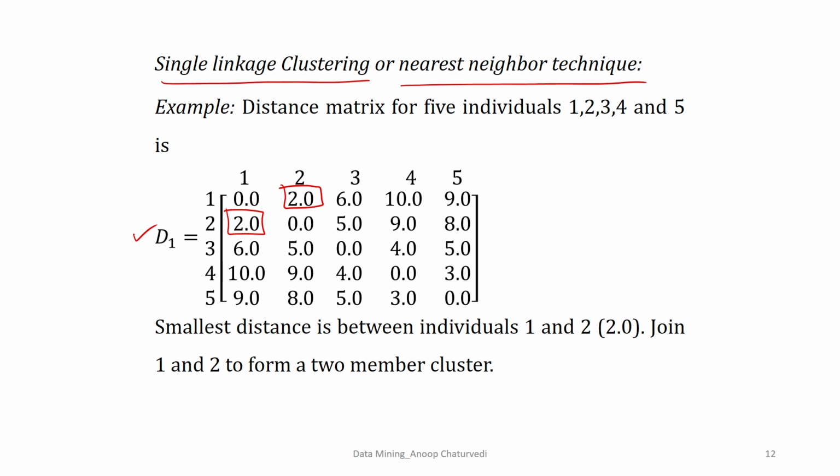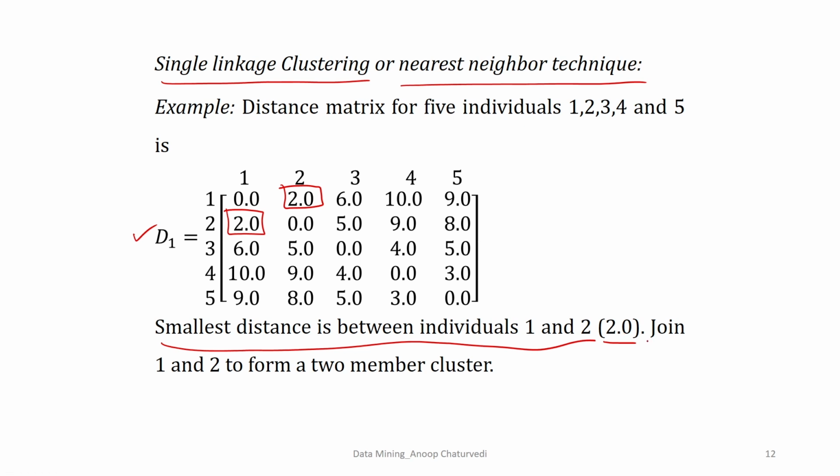Of course, while observing this smallest distance, we do not consider the diagonal elements, which are obviously minimum 0.